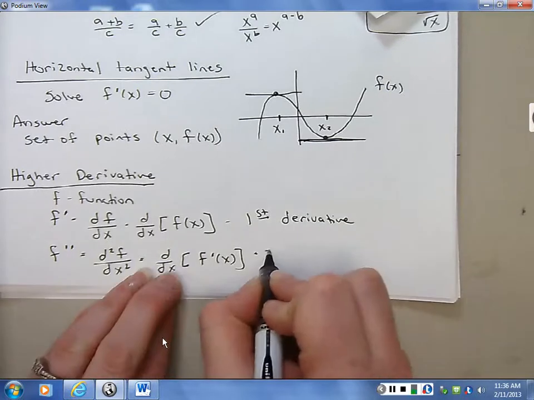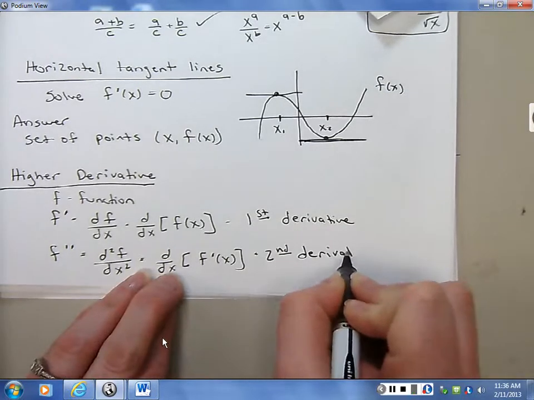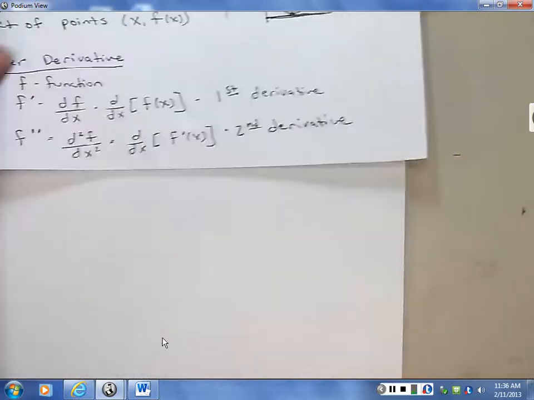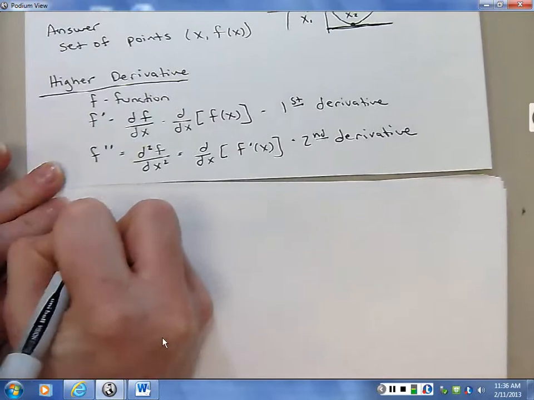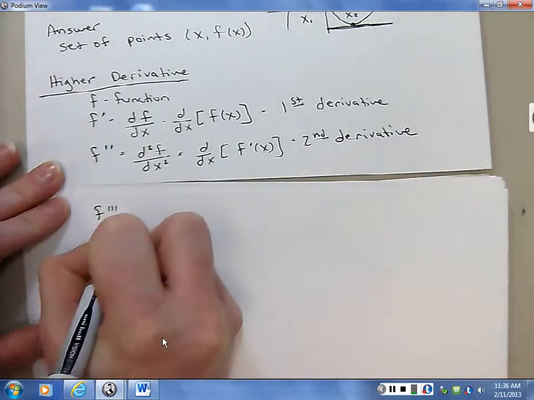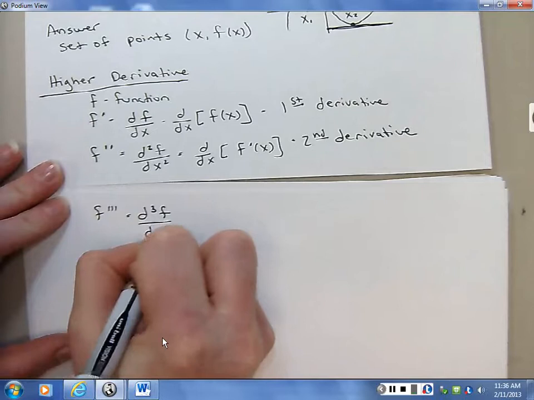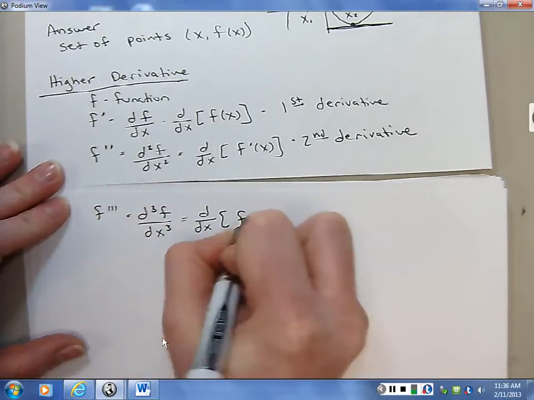This is the second derivative. The third derivative is going to look similar. So I'm going to pull this up here a little bit. So f triple prime is going to be the derivative with respect to x of the second derivative.